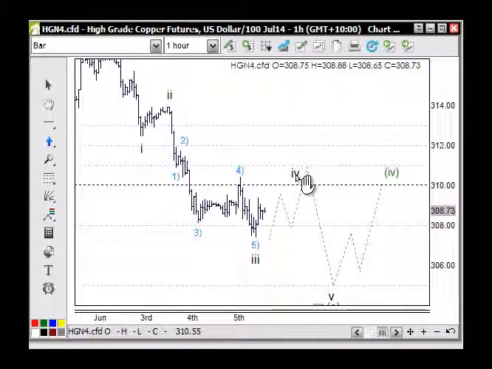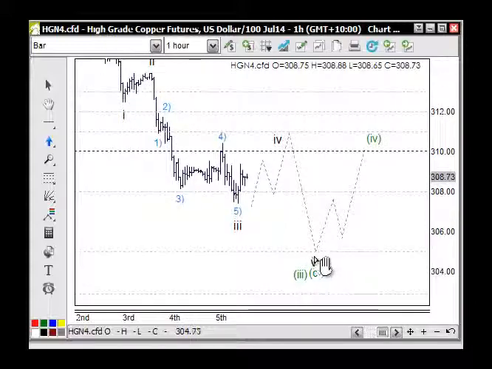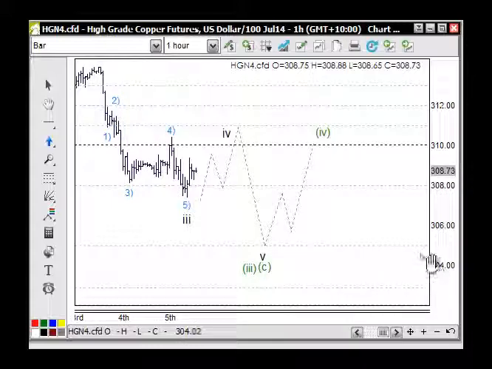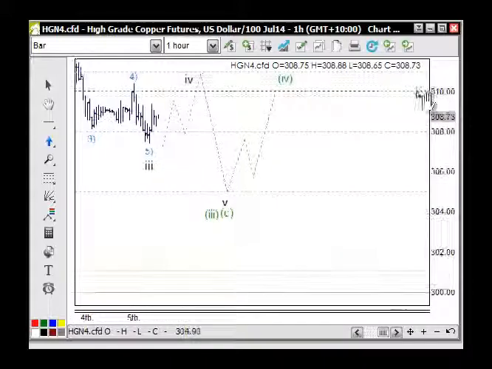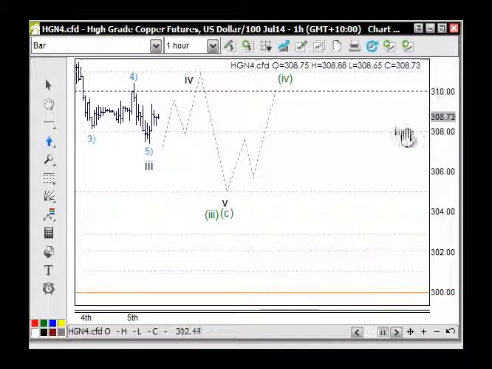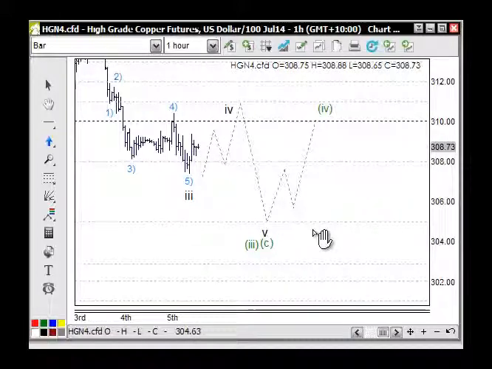So we're looking at wave 4 here in terms of an A and a B and a C, and then down for wave 5 of C or 3. Now, that will bring us into roughly the 305, which is a midpoint between the 300 and the 310. So that will be important as support or resistance.